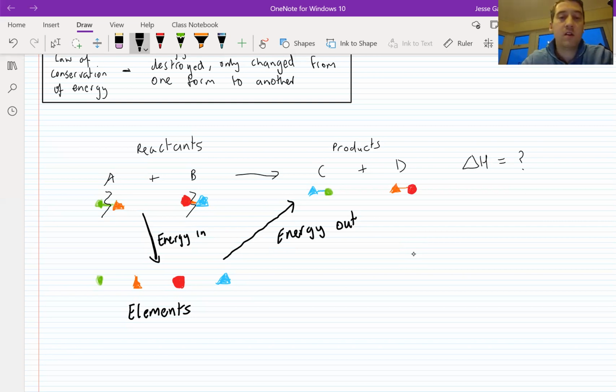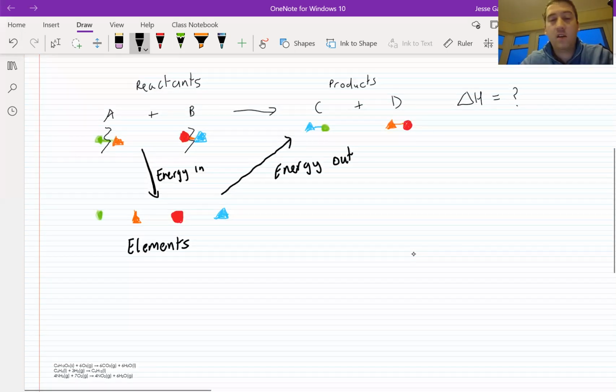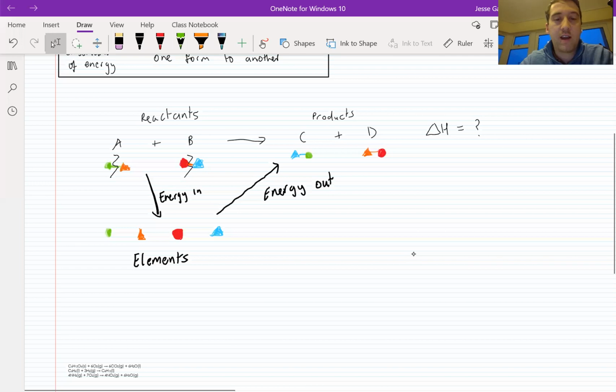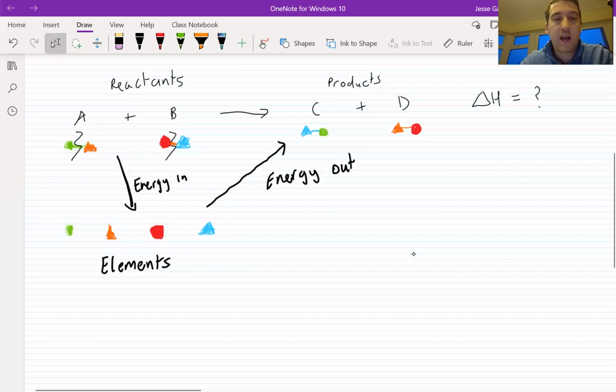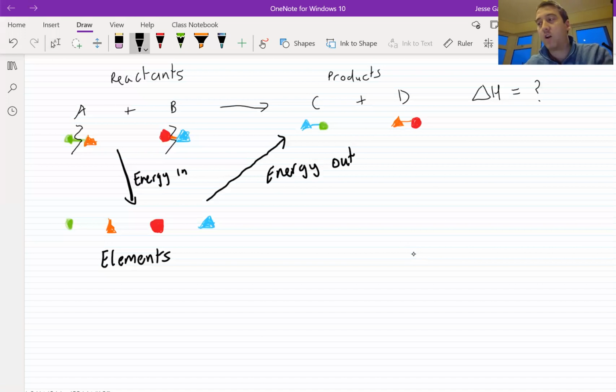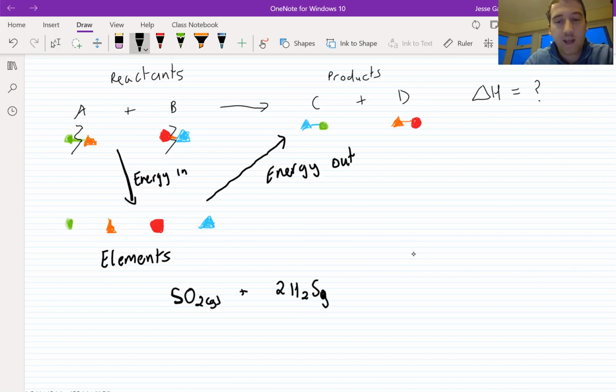Now, if we take a look at a reaction that has some proper chemicals in it. If we take, for example, SO2, sulfur dioxide. Sorry, that's SO2. And this is a gas. And it's going to react with 2 molecules of H2S, and this is a gas, sorry.